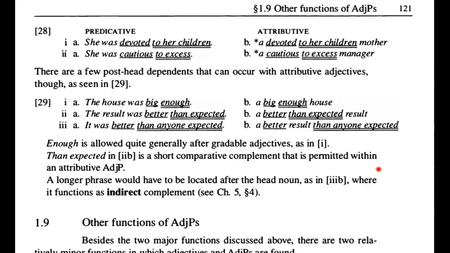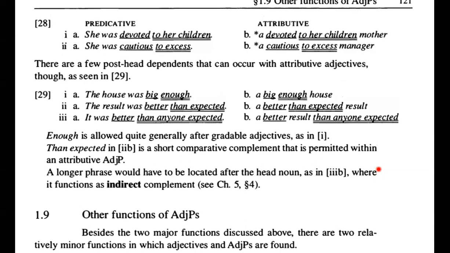No, this is wrong. A cautious to excess manager. No. These adjectives we cannot put in the attributive form. As I told you every time, just try to memorize. Just one example.